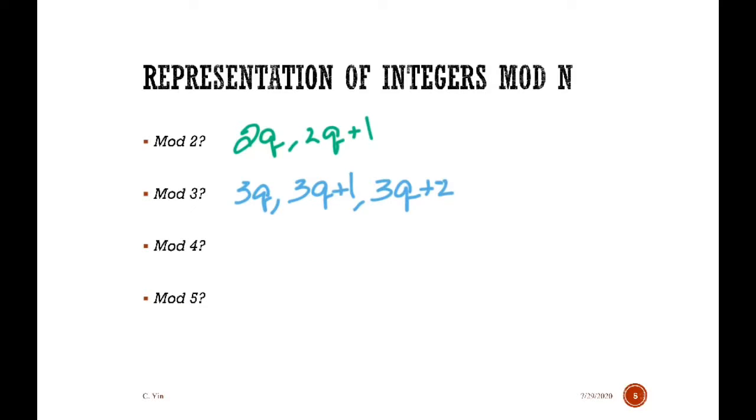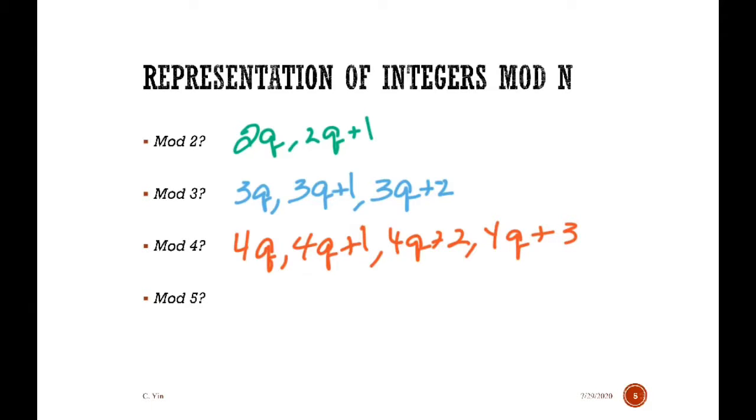And as you might guess now, if you're doing something mod 4, you could have a remainder of 0, so just 4q plus 0, or just 4q. You could have a remainder of 1. You could have a remainder of 2, or you could have a remainder of 3. But you will not have anything bigger, because then that would mean that you could have divided it again and had a bigger quotient.